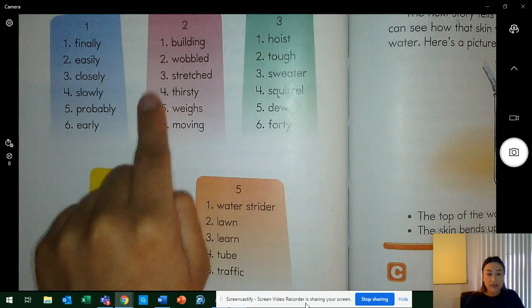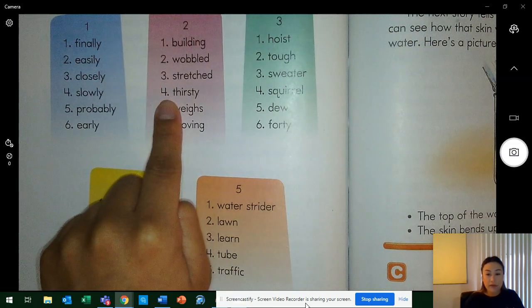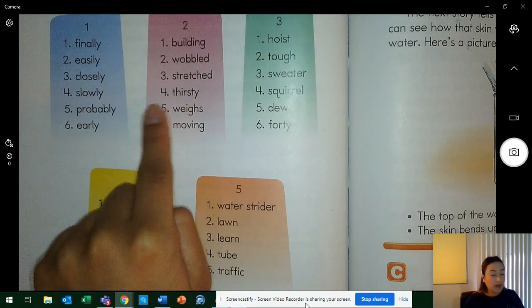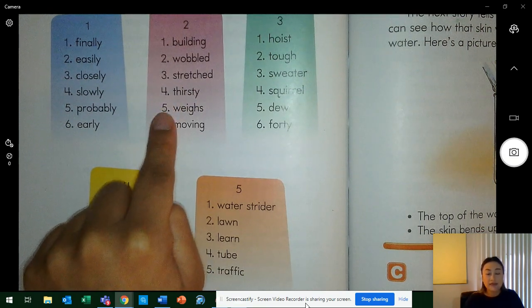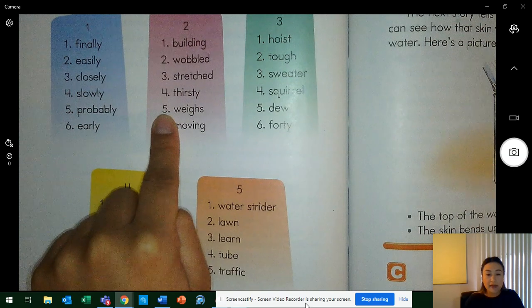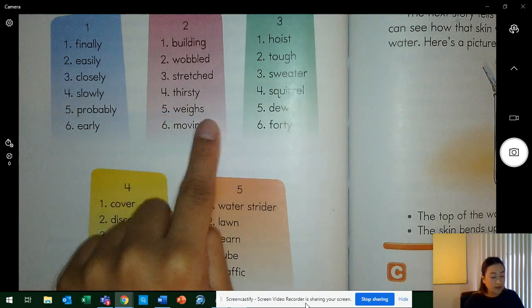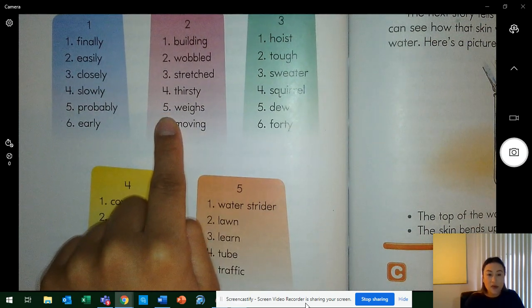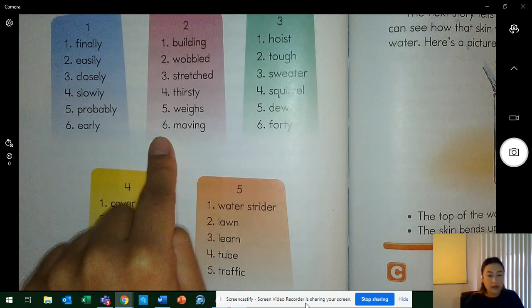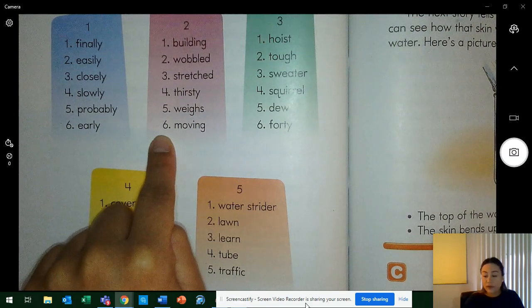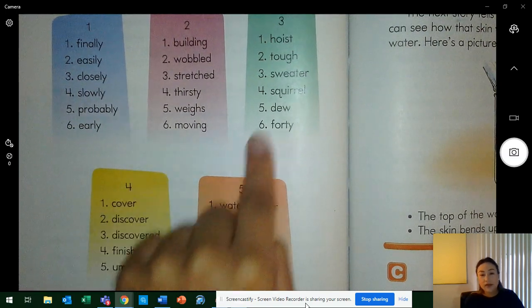Yes, stretched. Word 4. What word? Yes, thirsty. Word 5. What word? Yes, waste. Word 6. What word? Yes, moving.